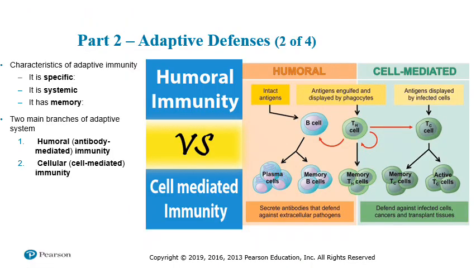So let's take a look at the characteristics of adaptive immunity. The adaptive immunity is specific. It recognizes the target's specific antigen. It is systemic, and this means it is not restricted to the initial site.